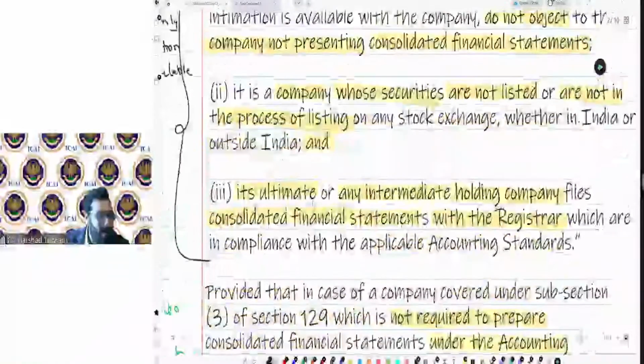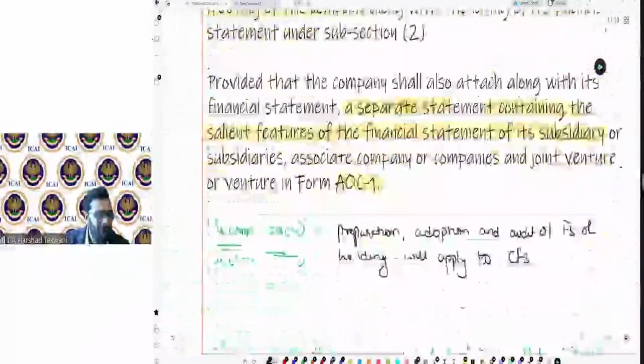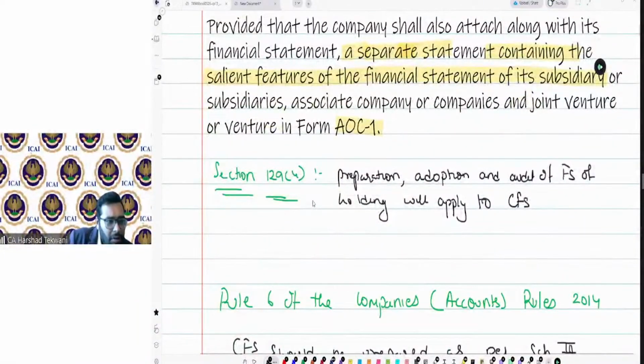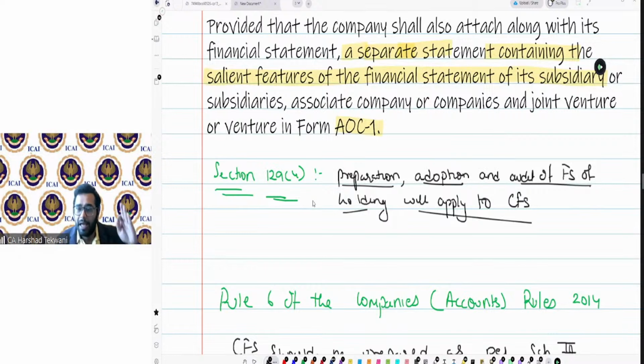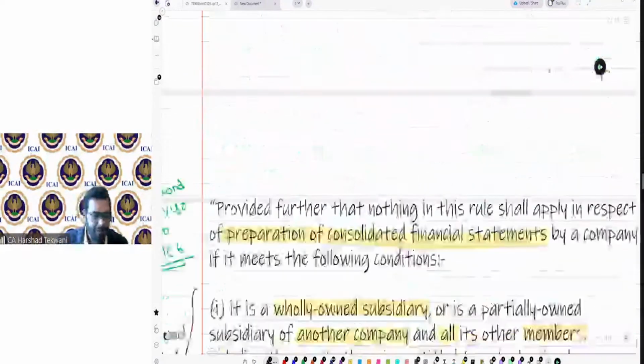Remember, I discussed 129.4 in detail. Preparation, adoption, and audit of FS of holding will apply to CFS. Means the provisions which are applicable to the standalone financial statement with respect to the audit will also be applicable to the consolidated financial statement in the same manner. When I talk about in the same manner, it means 143, 1 and 3 both are applicable to the extent they are possible.